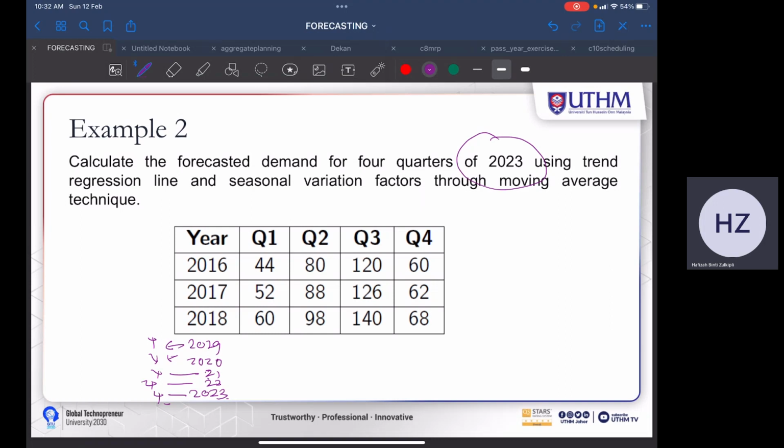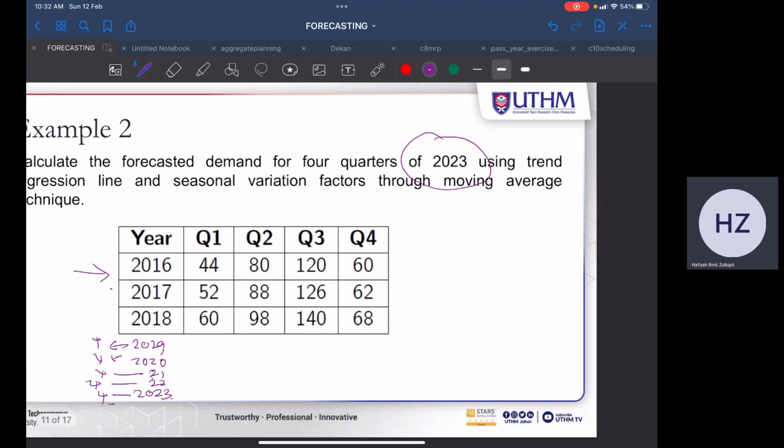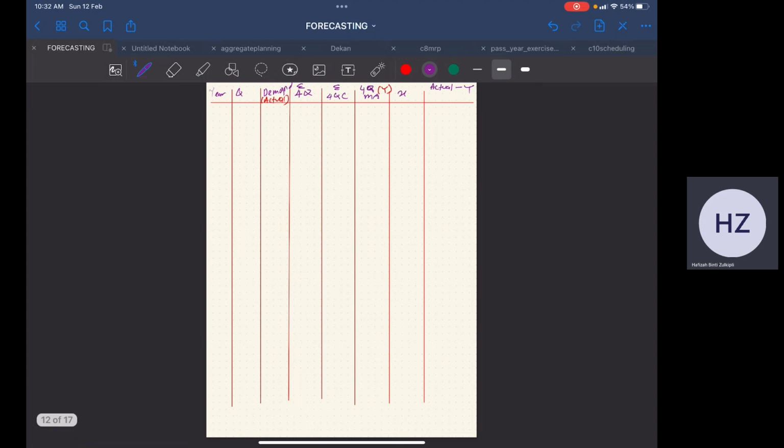The first thing to solve this problem is you need to rearrange this data into a vertical table. Remember, we have quarter 1, quarter 2, quarter 3, quarter 4. You need to develop a table that has 8 columns. Q refers to the quarter.